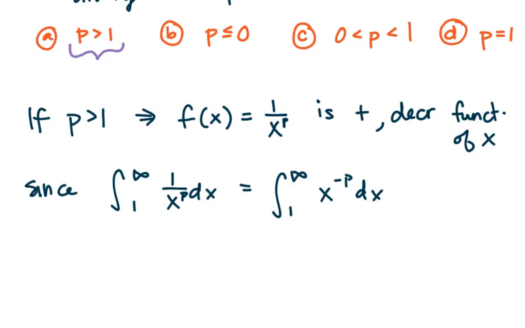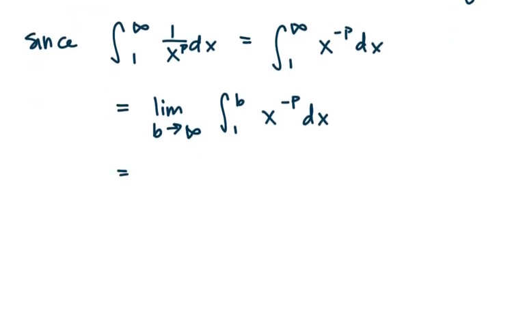So we're faced with dealing with this improper integral. And when we deal with an improper integral, we replace that infinity with a b. So we're going to say this is a limit as b approaches infinity, because we can't really do calculations with infinity, of that integral of x to the negative p dx.